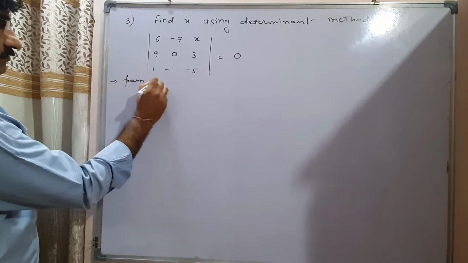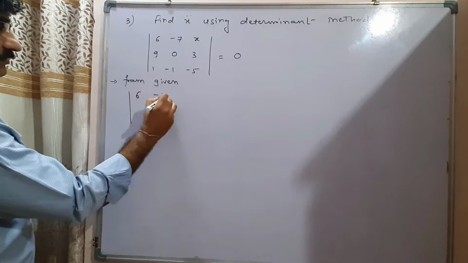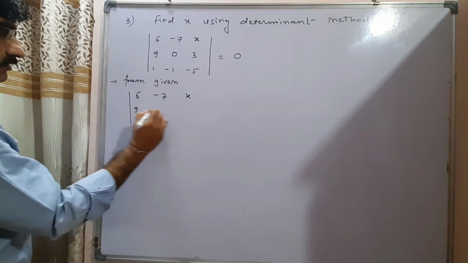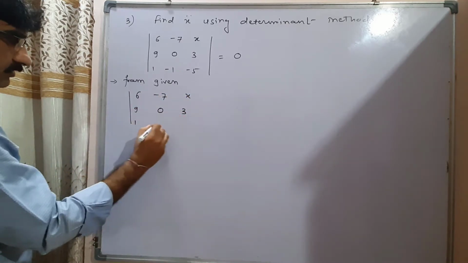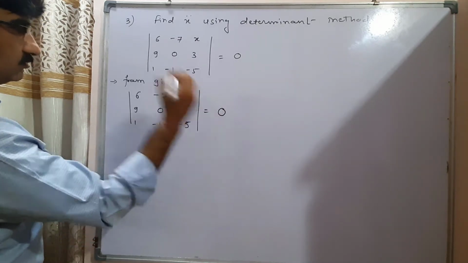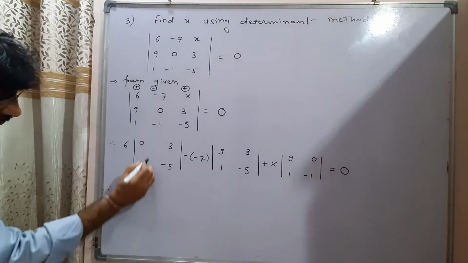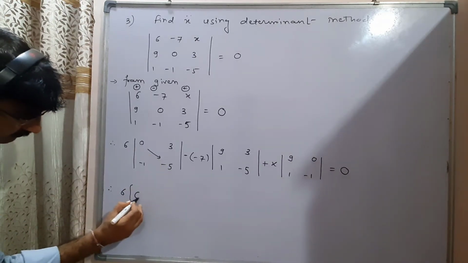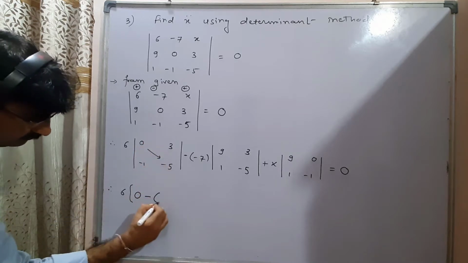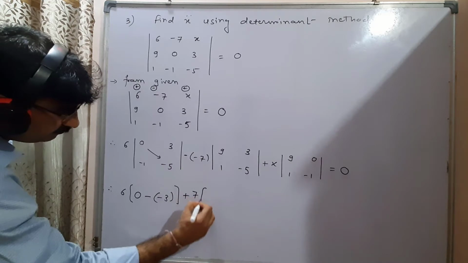So again, from given 6 minus 7 x 9 0 3 1 minus 1 minus 5 equal to 0. Take simple calculations, cross multiplication, 0 into minus 5 is 0, minus of minus 3, again minus minus plus 7.